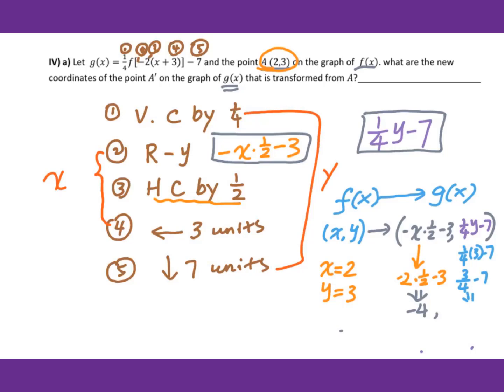We do over 1, then cross multiply. You will get negative 25 over 4. Therefore, the new coordinate on g of x is negative 4 and negative 25 over 4.